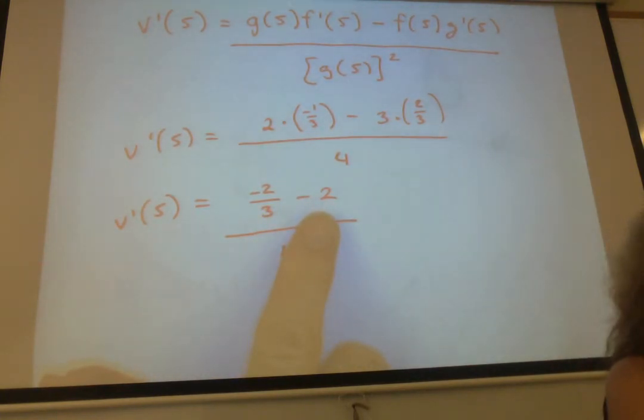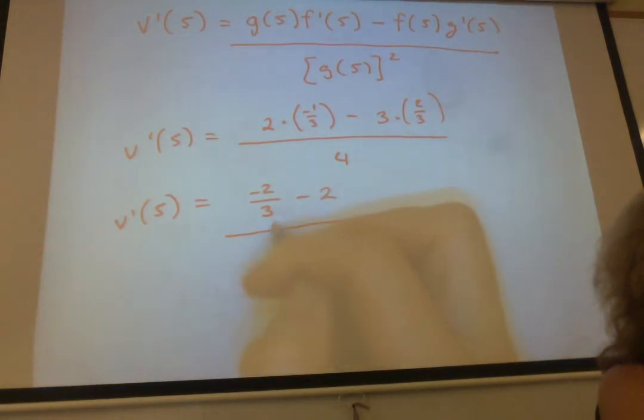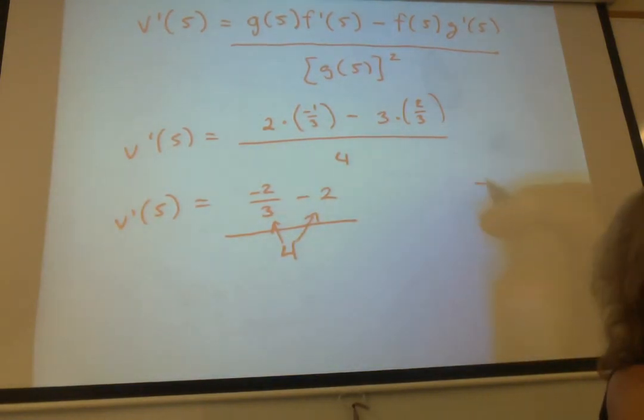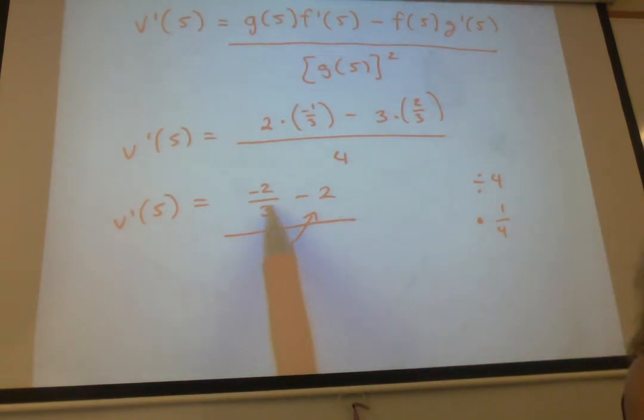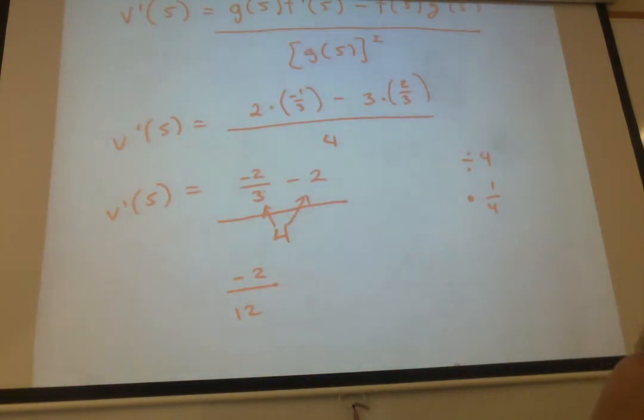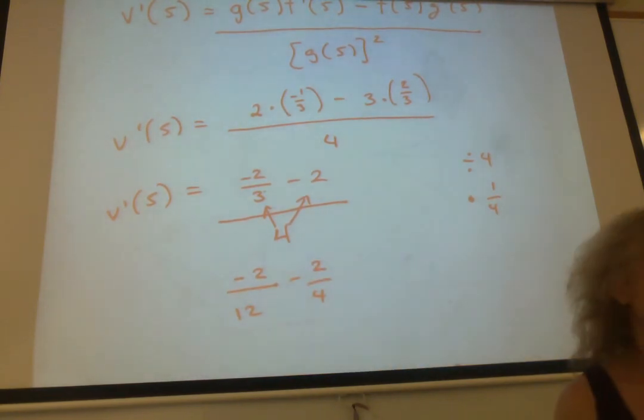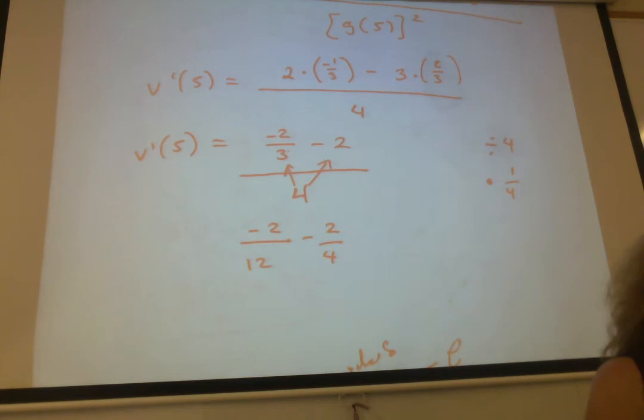So we have a lot of options. I'm just going to divide each of these by 4, and dividing by 4 is the same as multiplying by 1/4. So if I multiply this by 1/4, I'm going to have negative 2/12. And yes, I could simplify that, but I didn't yet. And if I do 2 times 1/4, I'm going to have 2/4. I'm going to leave that for you guys to finish, because you should be able to combine those two fractions, right?